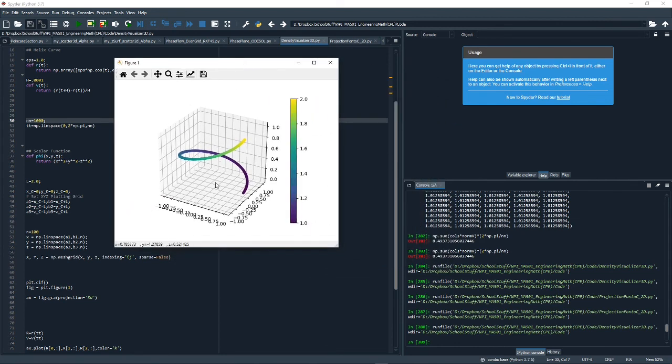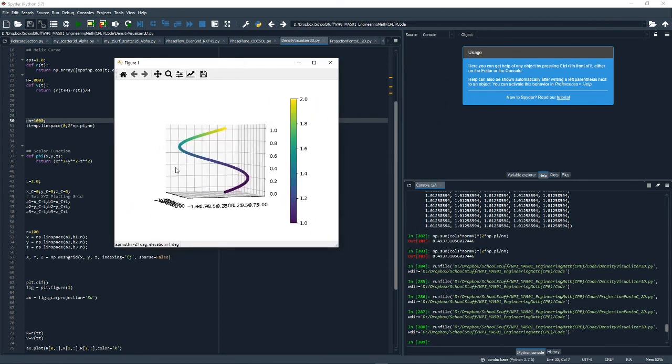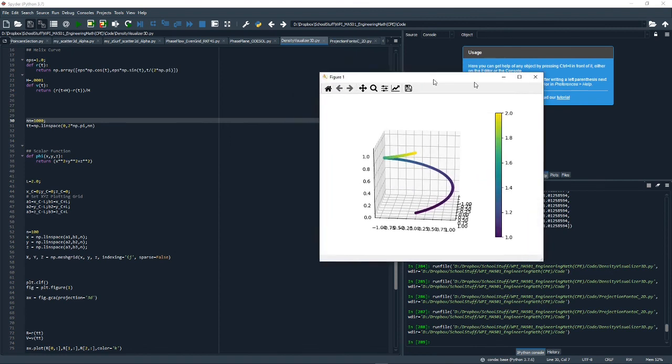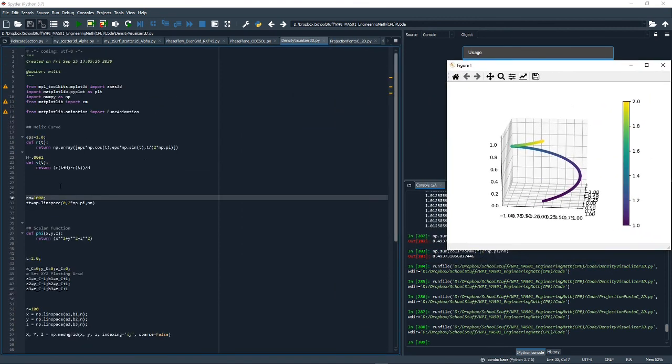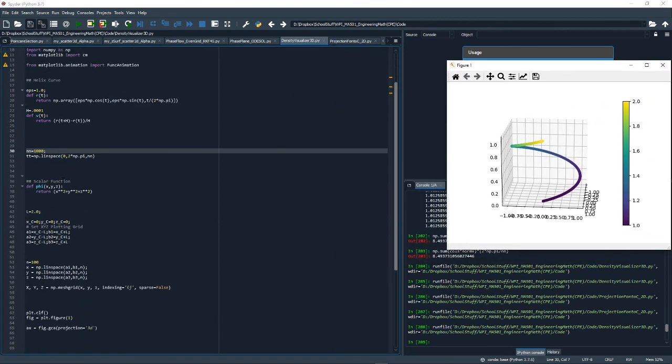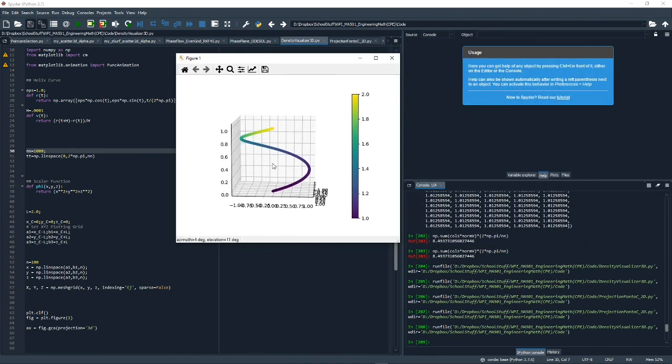This right here is a picture of the helix, and I'll show you the parameters. It's the helix with the parameters of the curve equal to 1, so a radius of 1, and then an a value of 1/2 pi. That's what this is showing right here.